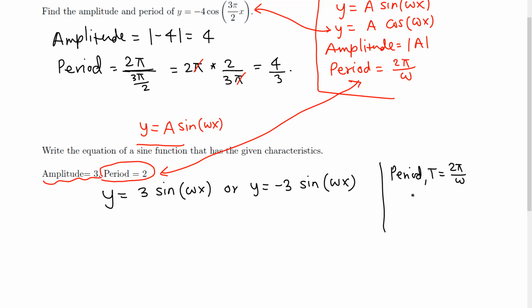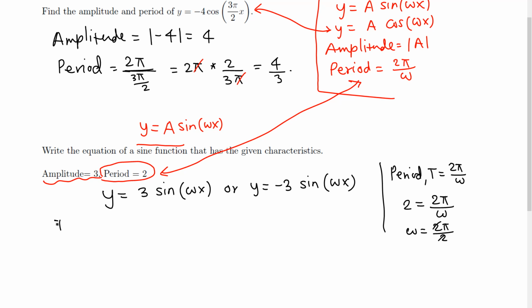That is, in our case, 2 equals 2 pi over omega, and we are trying to isolate omega, cross multiply, or this is 2 omega, so omega goes there, 2 pi over 2. 2 and 2 cancel, so omega is just pi.